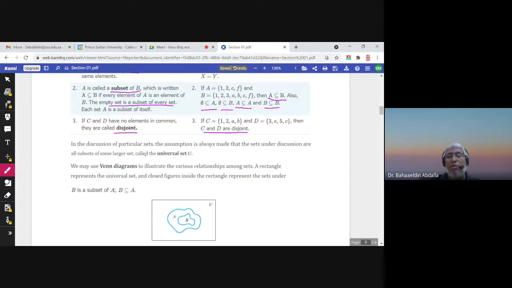When we talk about sets, an assumption is always made that the sets under discussion are all subsets of some larger set, which we call the universal set, denoted by capital U. So any sets we talk about are always subsets of a larger set, which is the universal set.